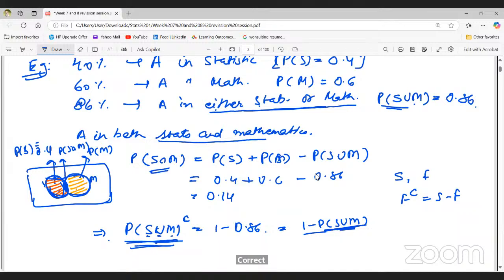That's why we have this formula for S intersection M. And the complement of the union will lie outside these, yes, outside this.